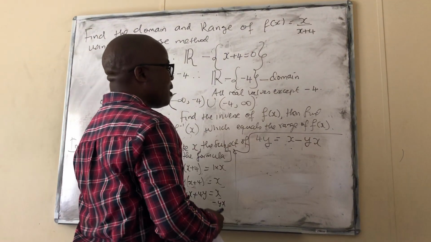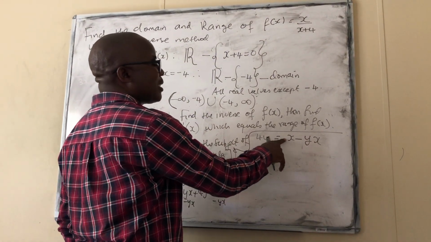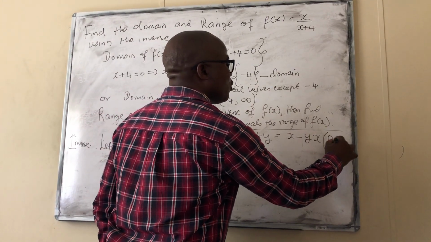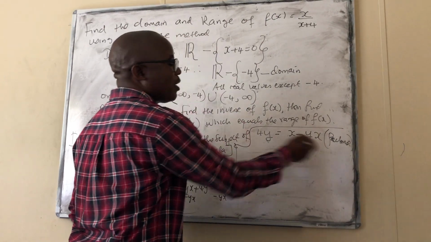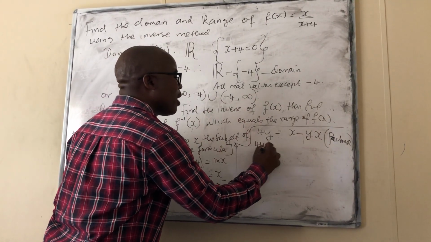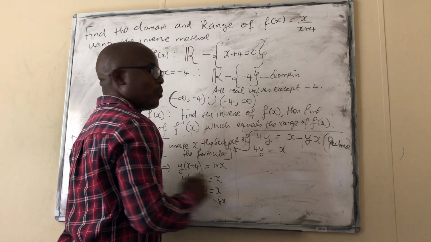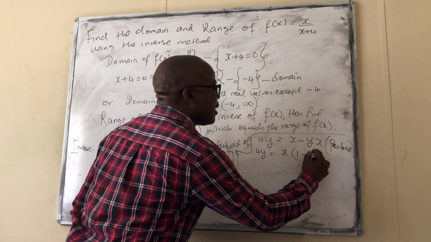How do I introduce 1x here? You factorize. So that will be 4y equals x, and then 1 minus y.